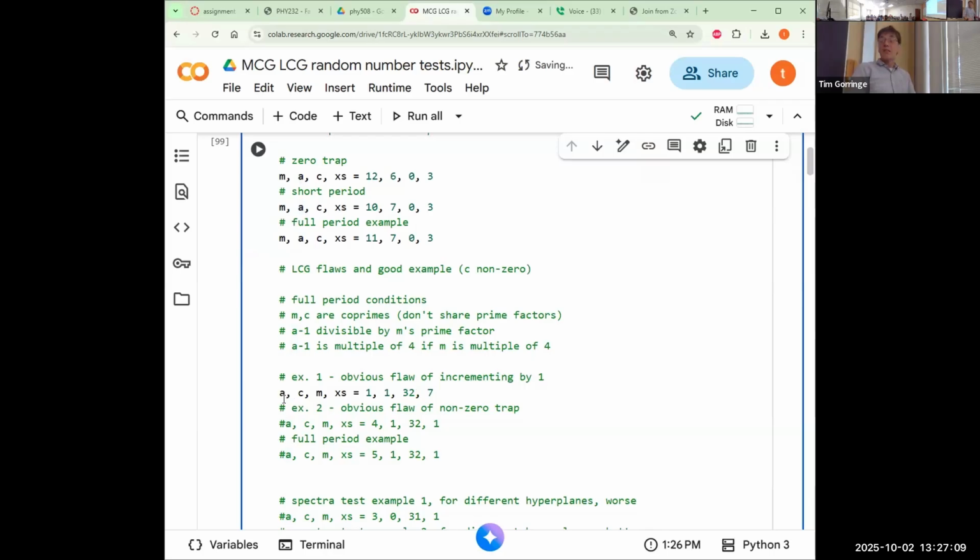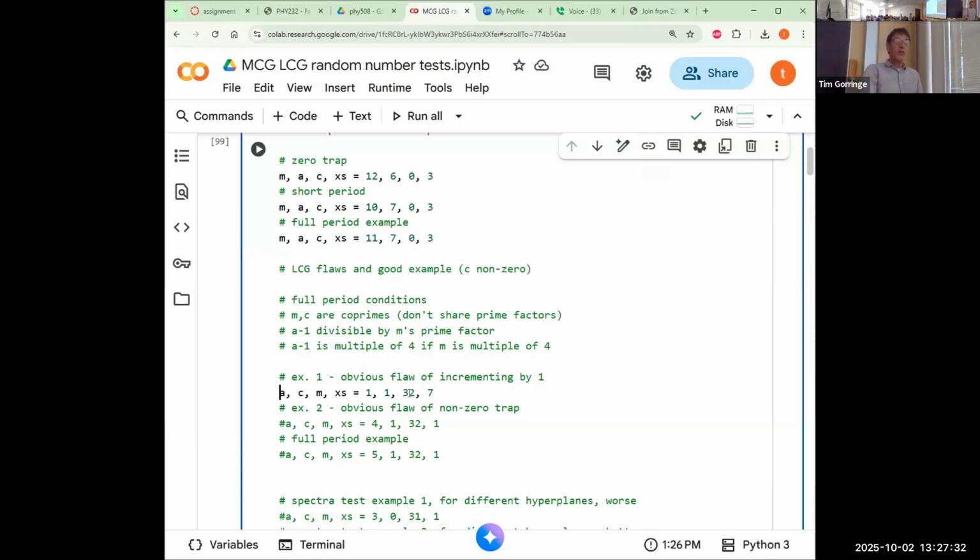I've got a couple of examples down here of the LCG. Now this has an offset to solve the 0 problem. I'm writing out the parameters here. My modulo on all of these three cases that we'll look at is 32.